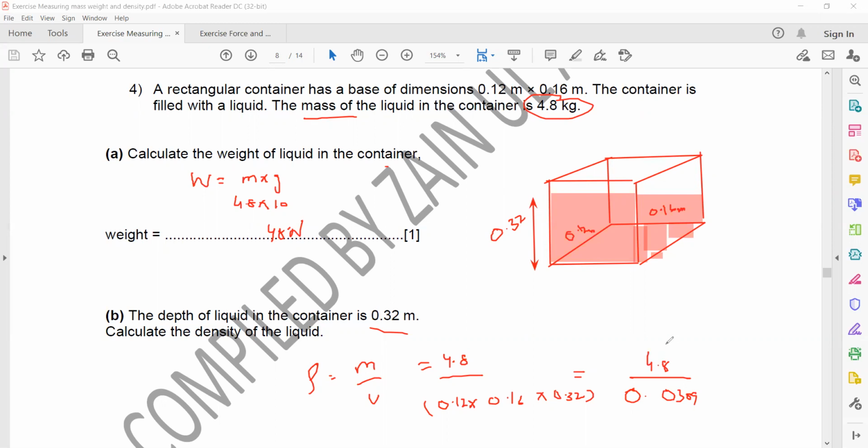So 0.12 times 0.16 multiplied by 0.32. Actually, that is 0.006.